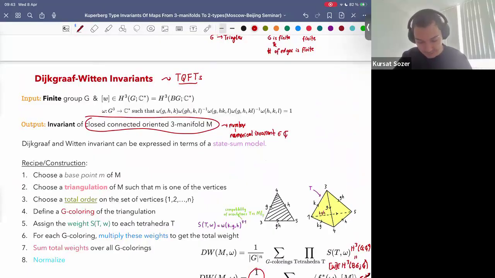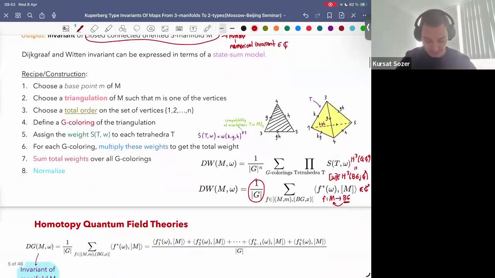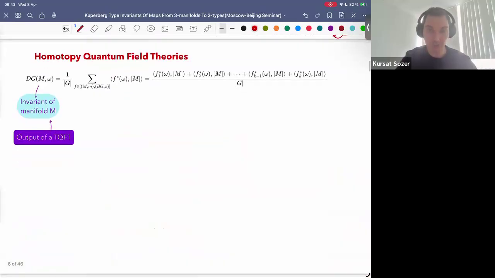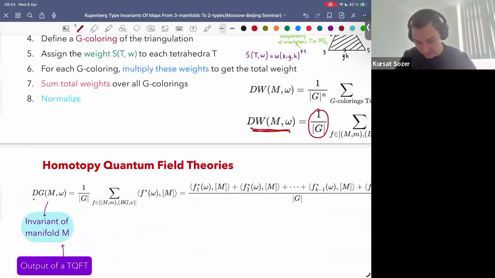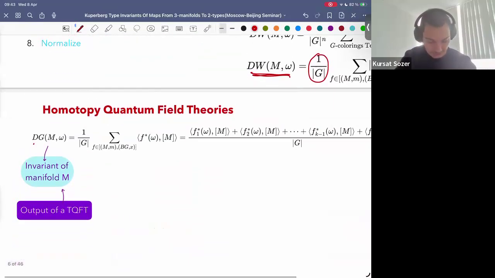The question is whether this invariant can be extended to surfaces, in a way that when we glue manifolds, they behave nicely. In the Dijkgraaf-Witten case, it happens, and when this happens, we call it a TQFT. I will talk about homotopy quantum field theories, which are certain generalizations of them. So let's denote this invariant like this: DW of M and omega.